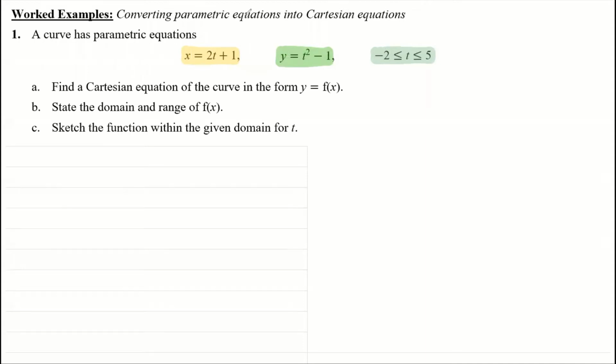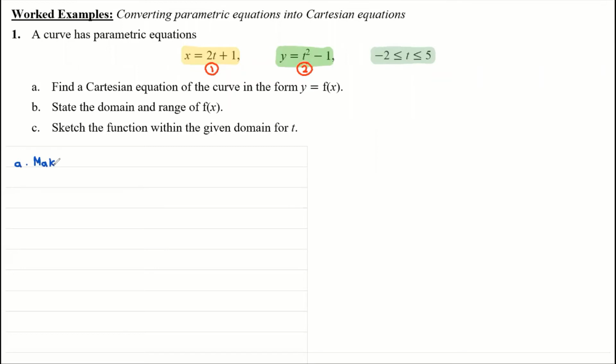Well, as is standard, we know we're going to be dealing simultaneously with equations 1 and 2, which I'm labeling now. So we know the drill already. We need to make t the subject in equation 1. So that's what I'm going to do first.